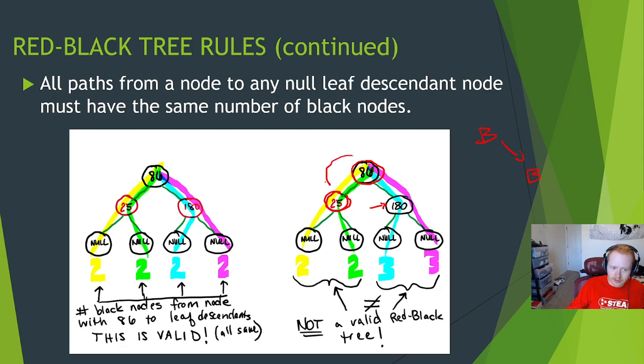If we go 86 to 25 to the left null child, there's only two black nodes, the leaf and the root. If we look at the right side, we have a black 180 and a black leaf node. This has three black nodes in it, which fails the red-black tree test. Looking at the left one, our 180 node is now red, meaning that all of these have two black nodes in their path.